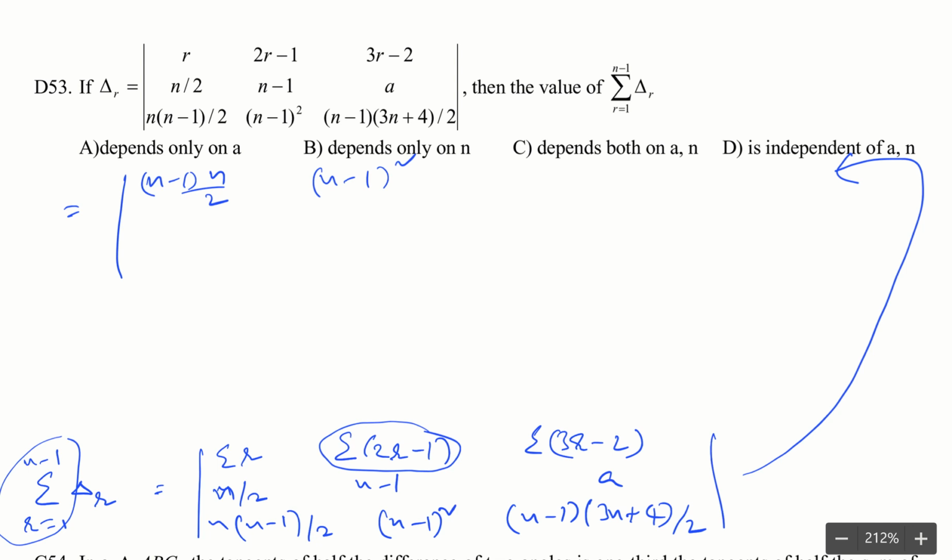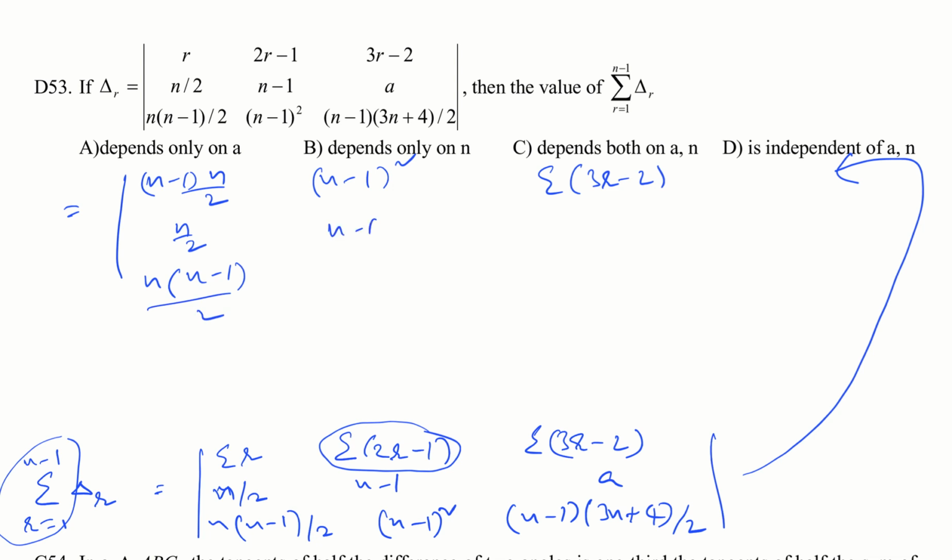And the second part, let me keep it as it is because we are going to observe that we don't need its simplification. And observe that this is n by 2 here and this is n into n minus 1 by 2. And this is n minus 1 and this is n minus 1 whole square.